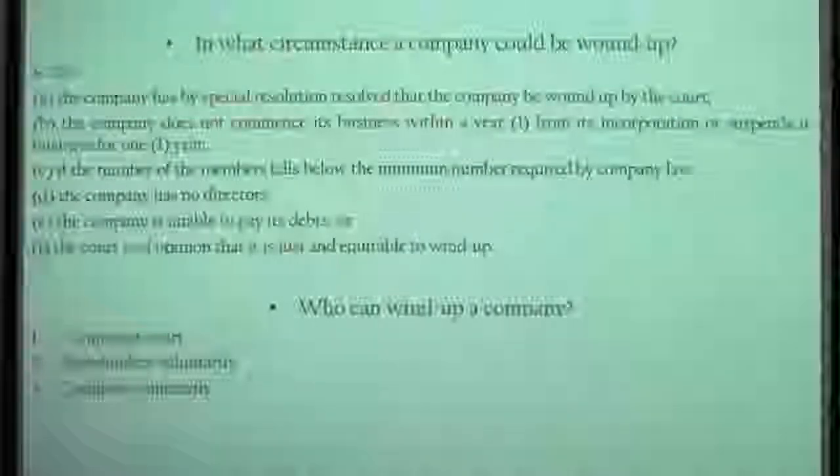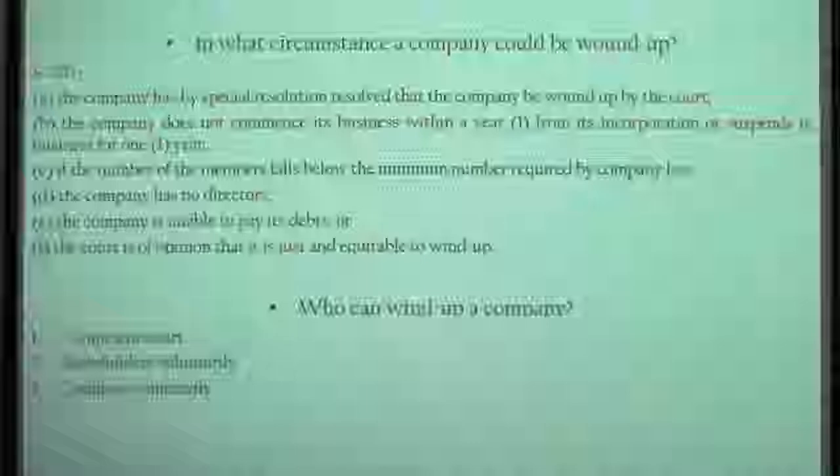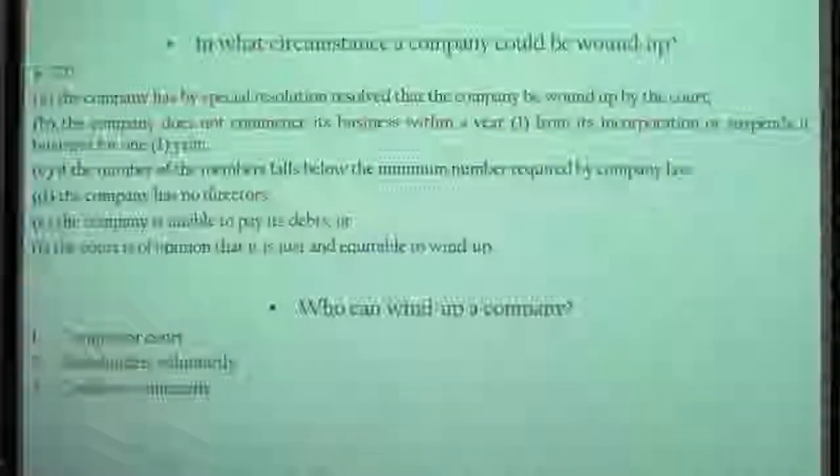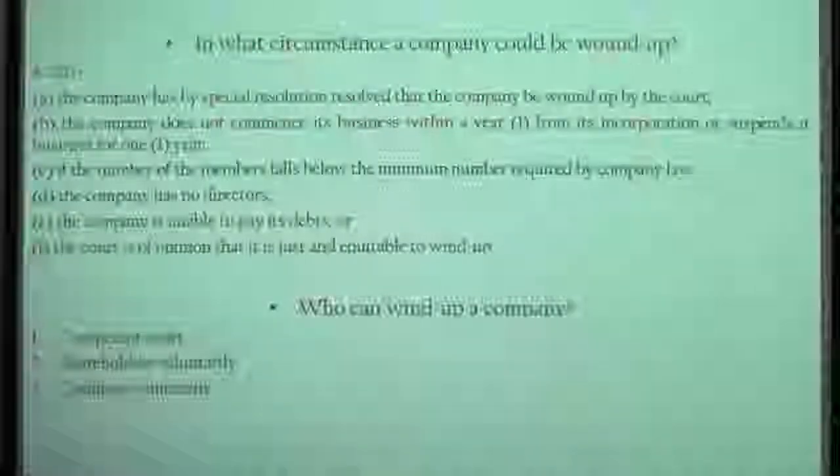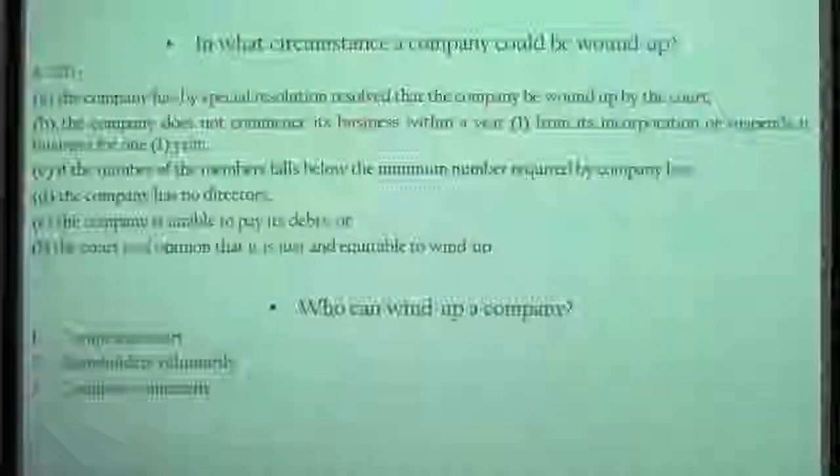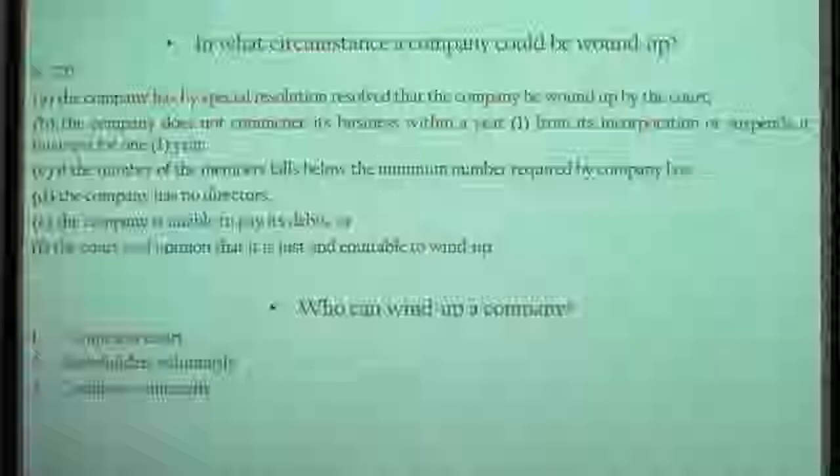It can be justified that the company's winding up serves the purpose, as well as it is a matter of equity that such a company be wound up, in the opinion of the court.